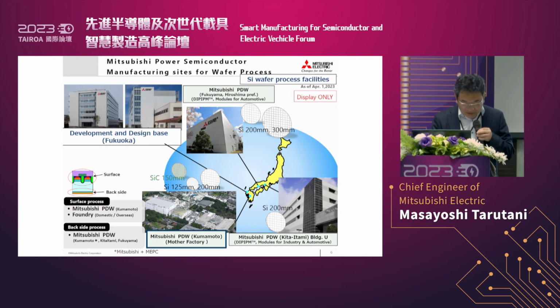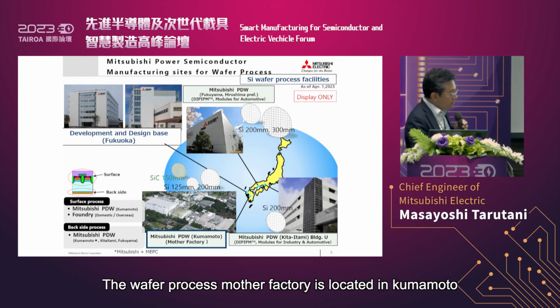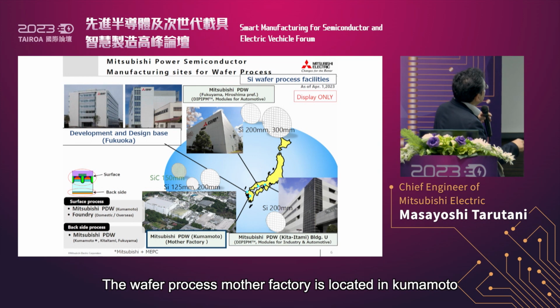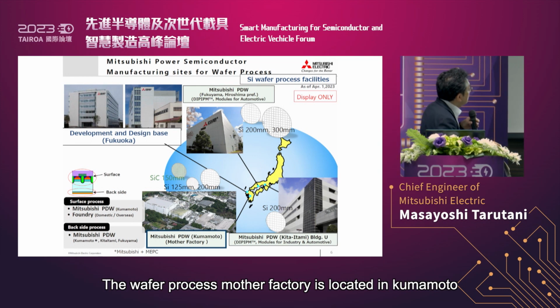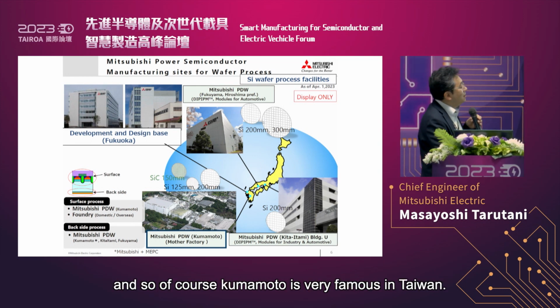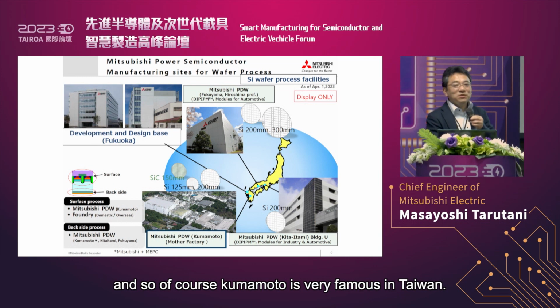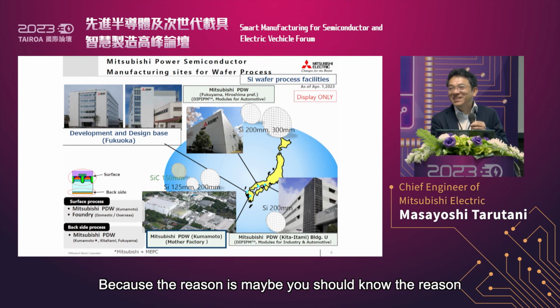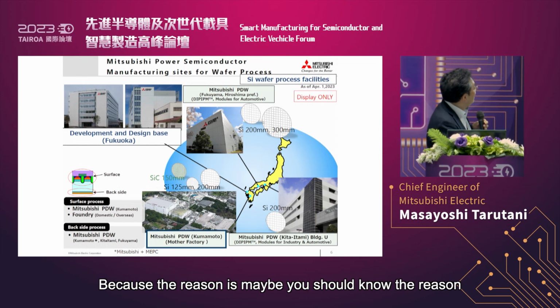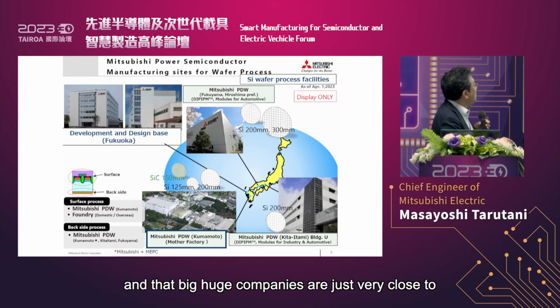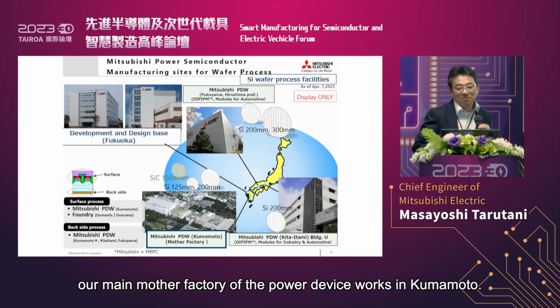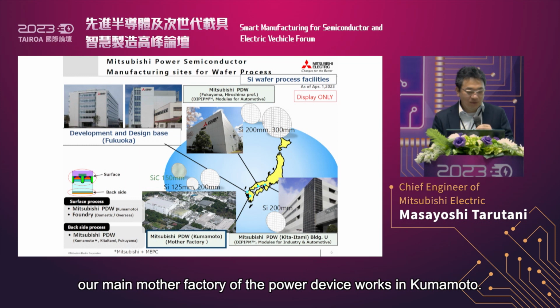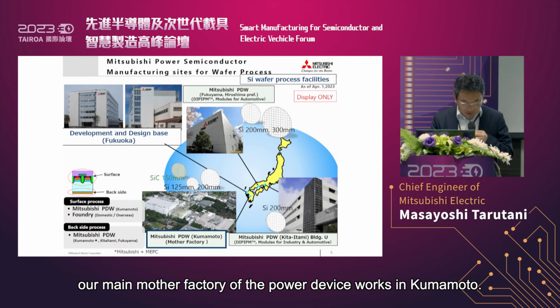And the wafer process mother factory is located in Kumamoto. Of course, Kumamoto is very famous in Taiwan, maybe you should know the reason, because that huge company's fab is very close to our main mother factory of the power device works in Kumamoto.